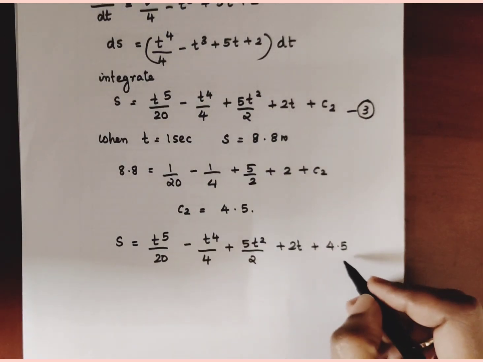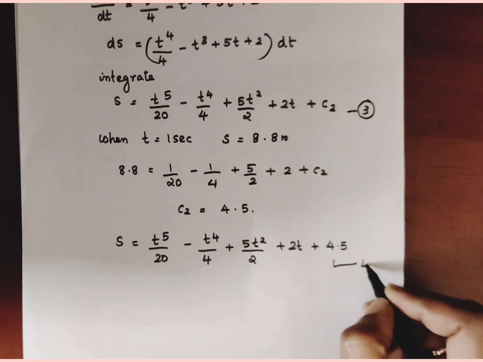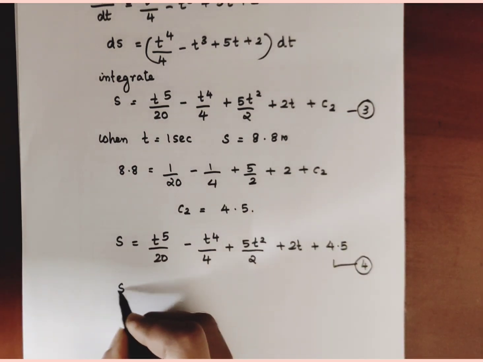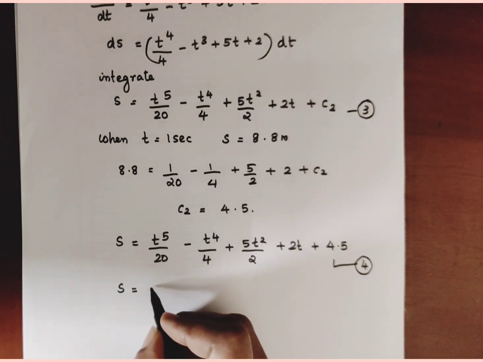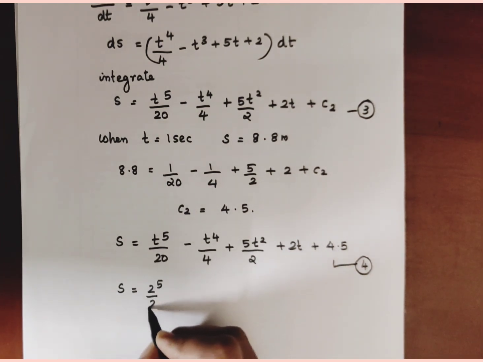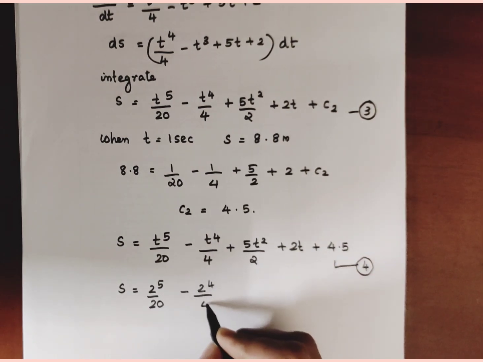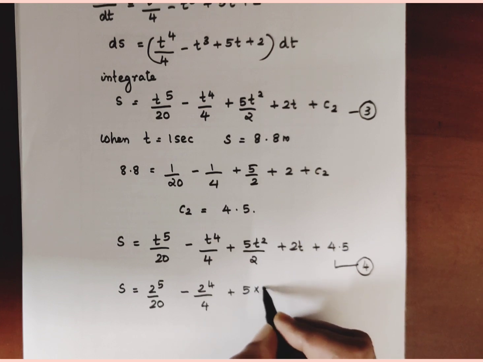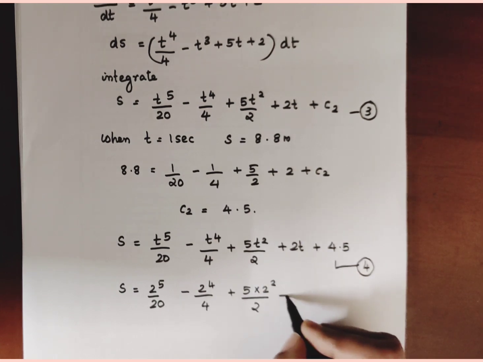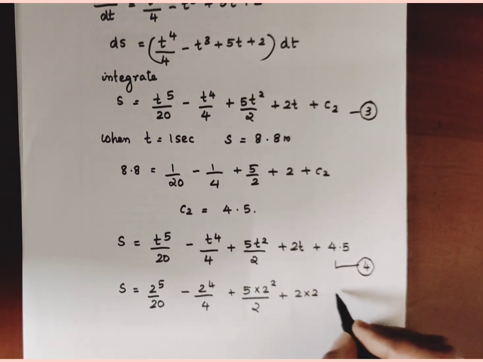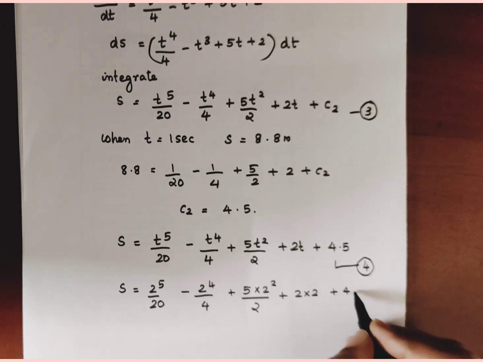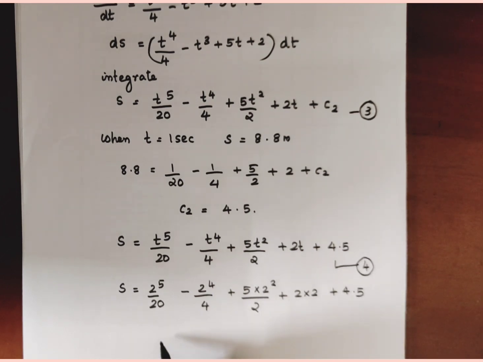So in this equation you have to substitute t is equal to 2. So substituting in equation 4, t is equal to 2 raised to 5 by 20 minus 2 raised to 4 by 4 plus 5 into 2 square by 2 plus 2 into 2 plus 4.5. So on solving you will get displacement as equal to 15.6 meter.